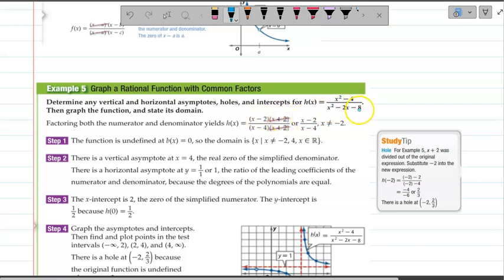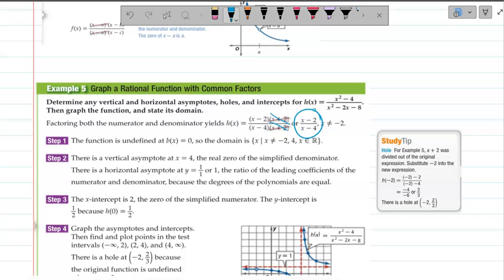Factoring the denominator, we get x minus 4 times x plus 2. The factors of x plus 2 cancel, leaving behind what's left. That means that at x equals negative 2, it is discontinuous, but it's a hole. So we know there's a hole at x equals negative 2.